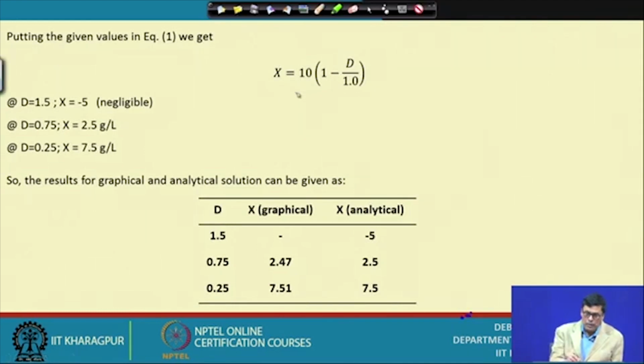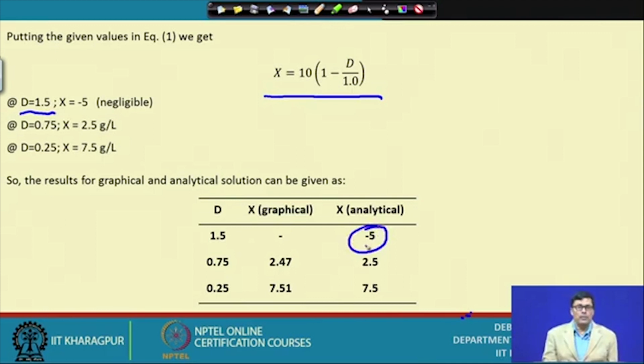We have x equal to 10, x max is the 10 value, times 1 minus D by 1. Now, in this equation, if we put the value of D 1.5 directly, the x value is coming about -5, which is not possible. Am I right?